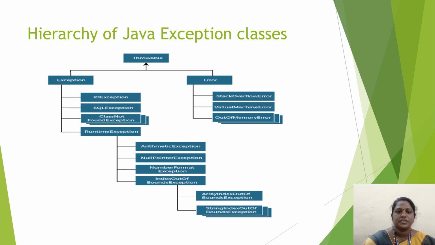Next, see the hierarchy of Java exception classes. Here, Throwable is the parent class, and Exception and Error are the child classes. Exceptions are categorized into IOException, SQLException, ClassNotFoundException, and RuntimeException. RuntimeException is categorized into ArithmeticException, NullPointerException, NumberFormatException, and IndexOutOfBoundsException. IndexOutOfBoundsException has two types: ArrayIndexOutOfBoundsException and StringIndexOutOfBoundsException.